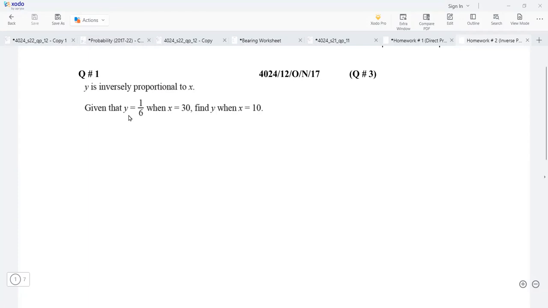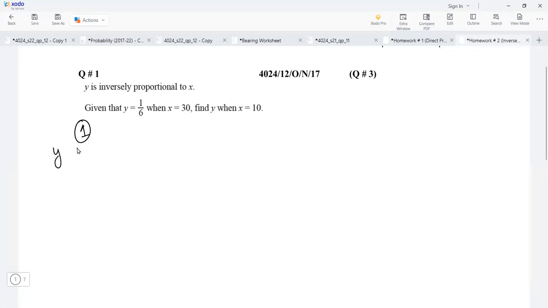I'm going to solve one question through two methods, the same way I did in direct proportion. I'm going to solve the same thing for inverse proportion. The first method is that y is inversely proportional to x.